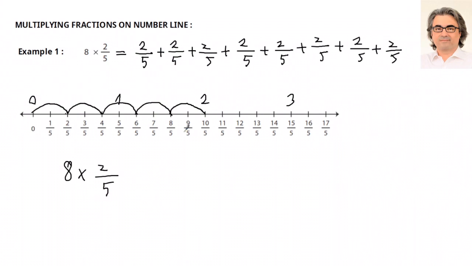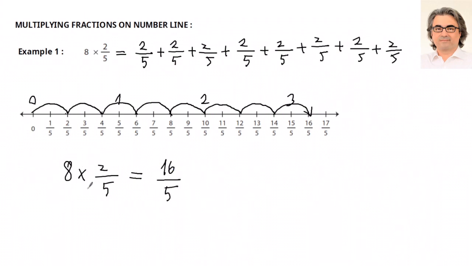I should reach 10 over 5 or 2, then 12 over 5, then 14 over 5, and then at the last and the 8th moment I reached finally 16 over 5. It means the result is 16 over 5.